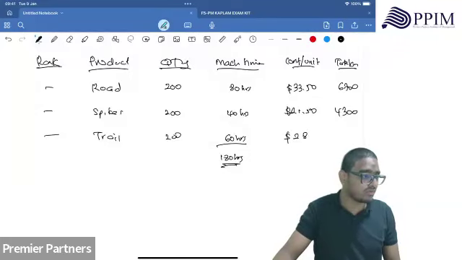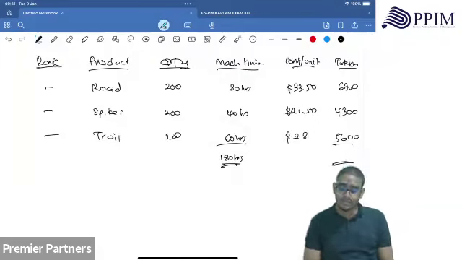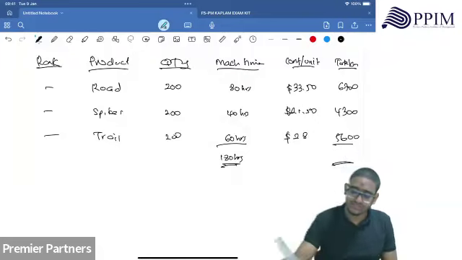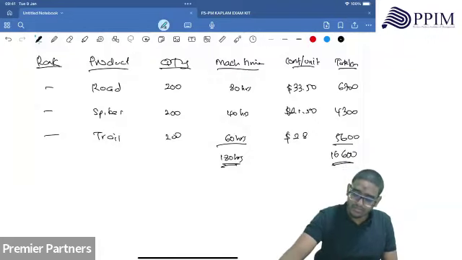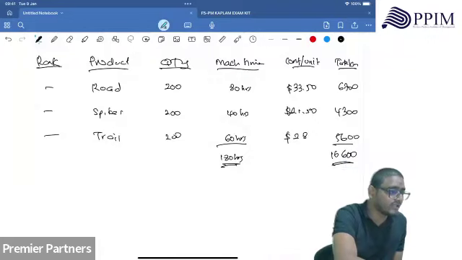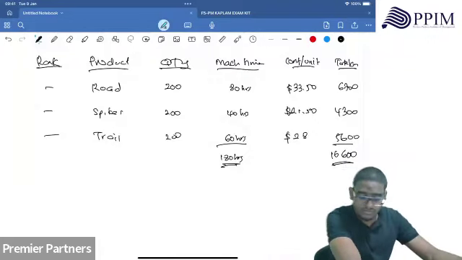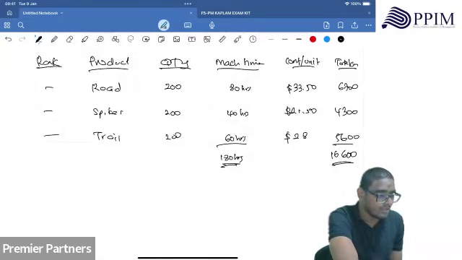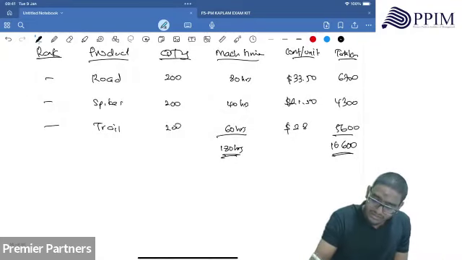And 28 into 200 should give you 5,600. So in total, the contribution you're generating from this is 6,700, 4,300, that is 11,000, so we get 16,600 as the total contribution. Let me double check that. Yeah, 16,600, correct.